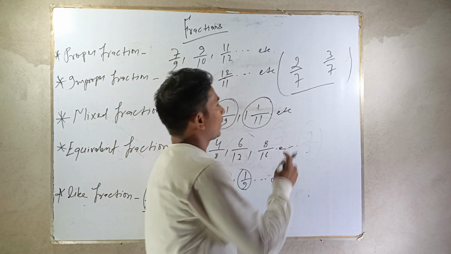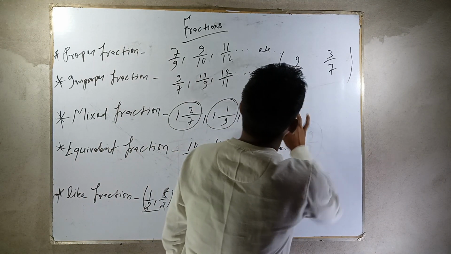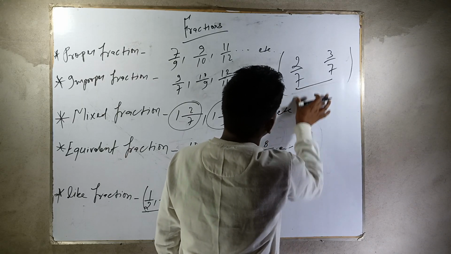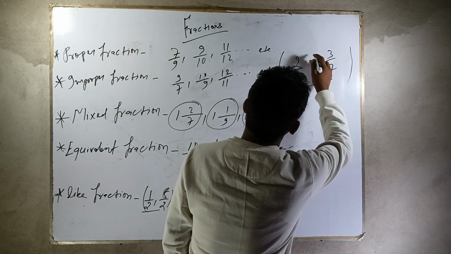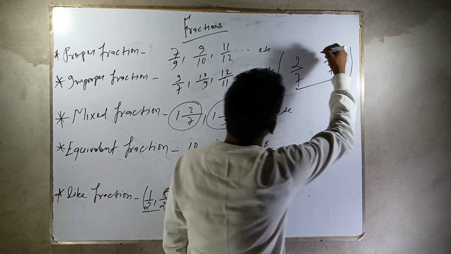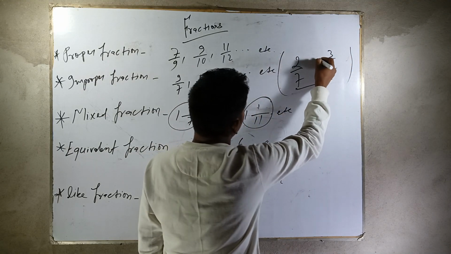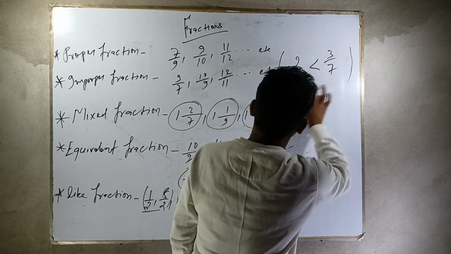If I compare both of them, I know that both denominators are the same, so now we see which numerator is greater. I see that 3 is greater than 2. That means its value is greater.